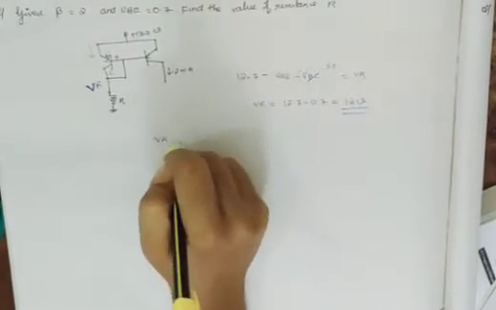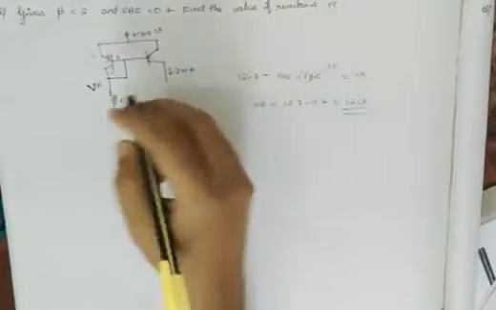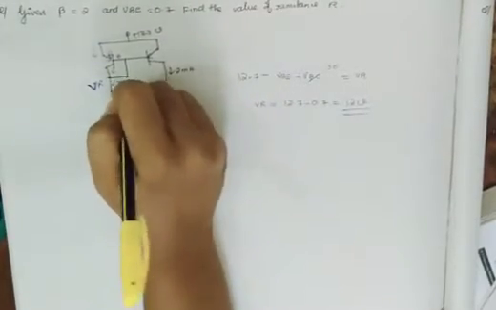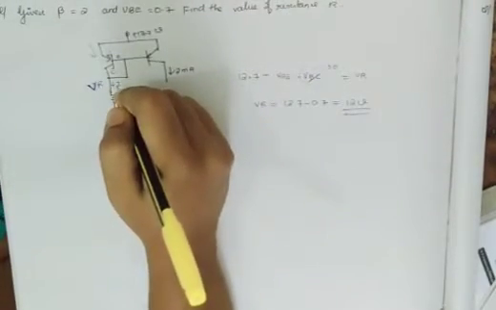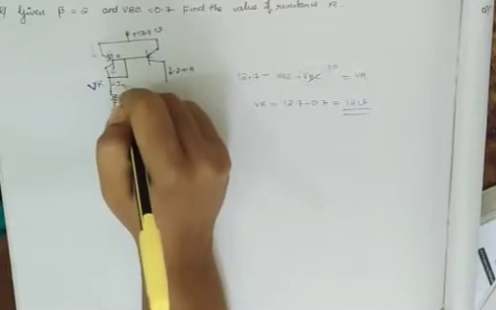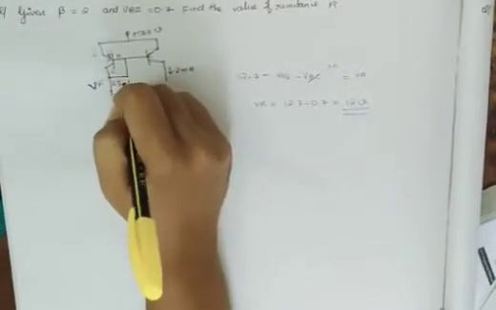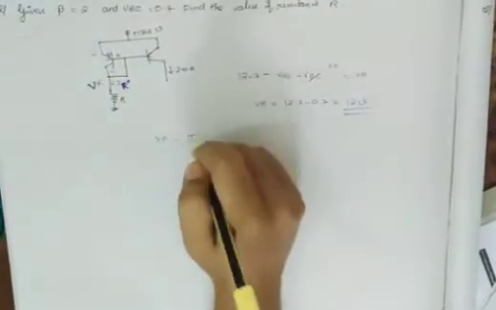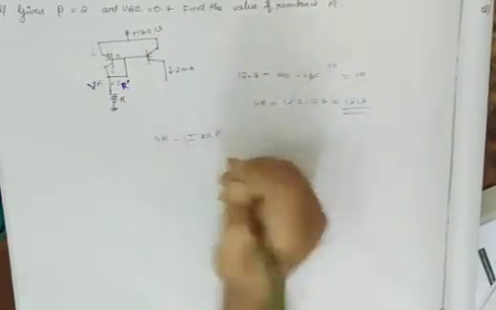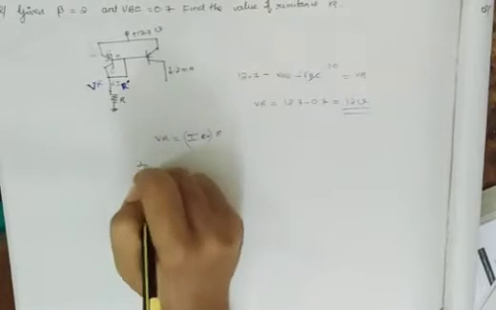So VR equals I, this is the current, let it be IC dash, okay, let it be IR, IR into R.